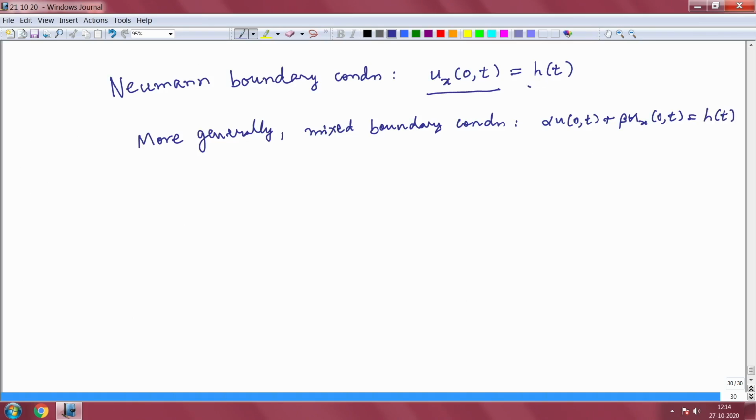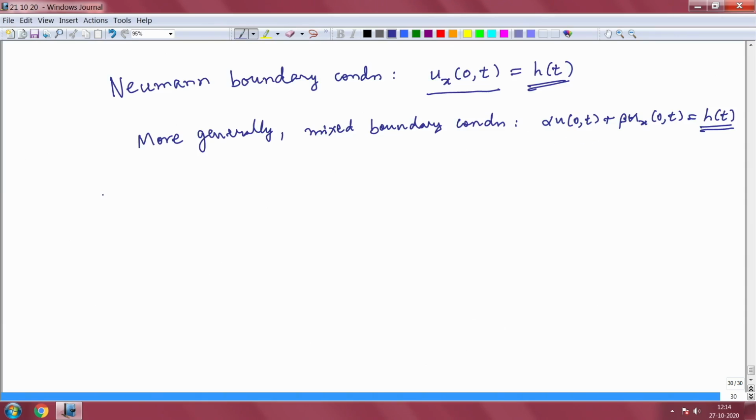These may be different functions, I am just writing general things. These are given functions. If alpha equal to 0 and beta is not equal to 0, we get the Neumann boundary condition, and if beta equal to 0 and alpha not 0, we get the Dirichlet boundary condition, that we have already seen. And if both are non-zero, then this is a mixed problem, we will see that.